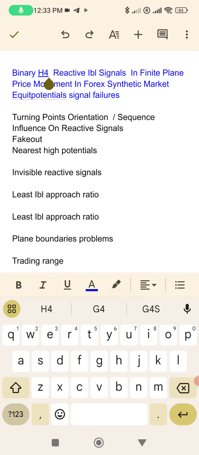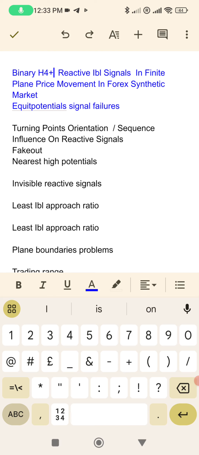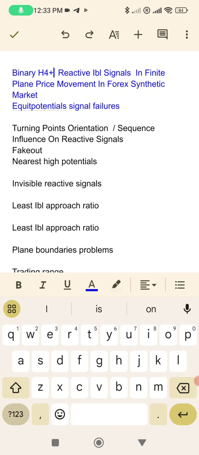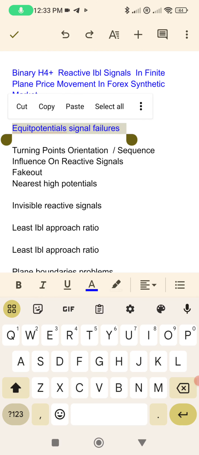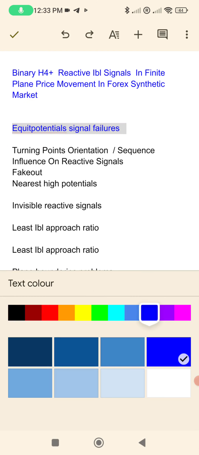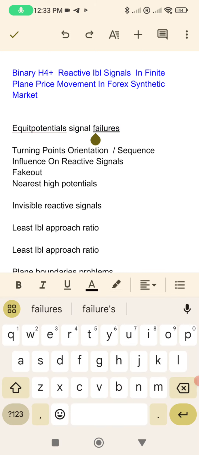In this case we are going to put plus, so this is binary H4 plus reactive IBL signals, infinite plane price movement in Forex synthetic market. This is the topic we shall be discussing in this video.